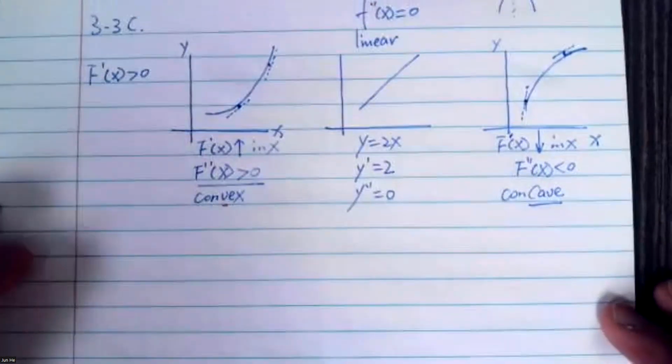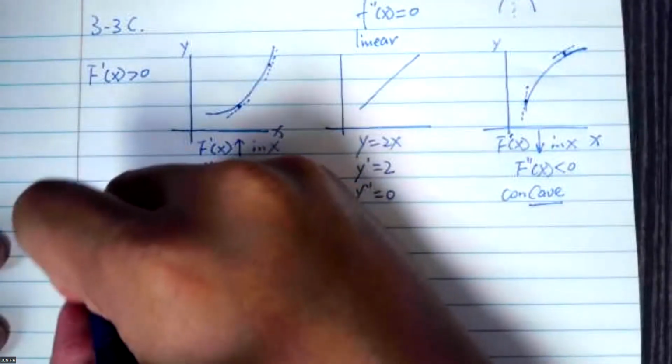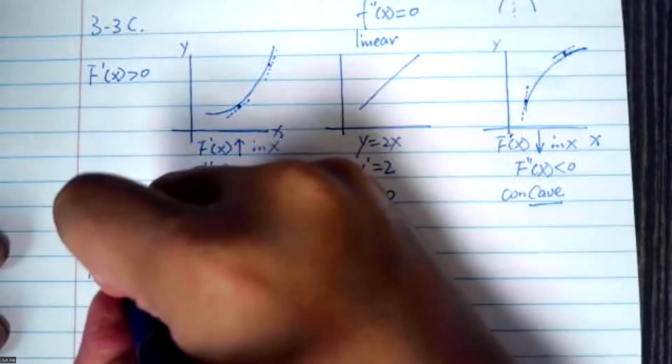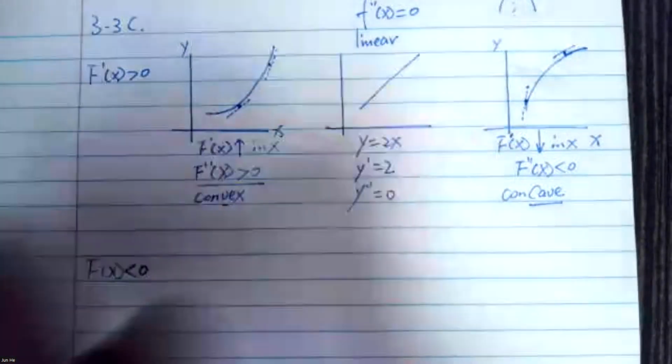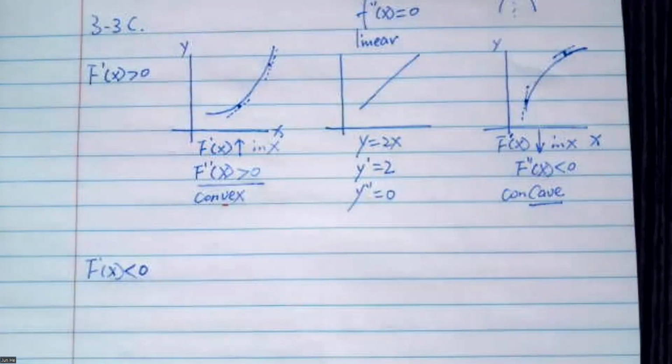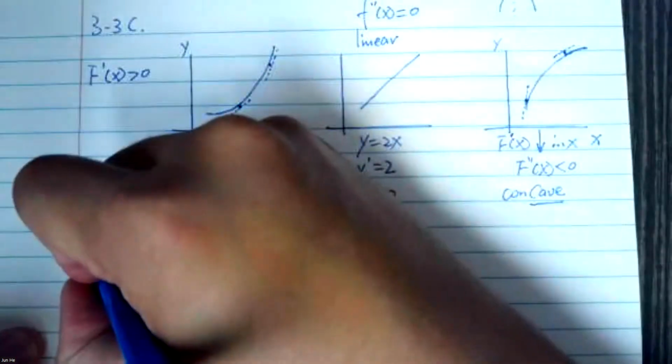Now let's look at the other case, which is f prime x smaller than 0. What would be the result? Well, f prime x is smaller than 0. Conceptually, we know that indicates that now between x and y, there is a negative relationship.